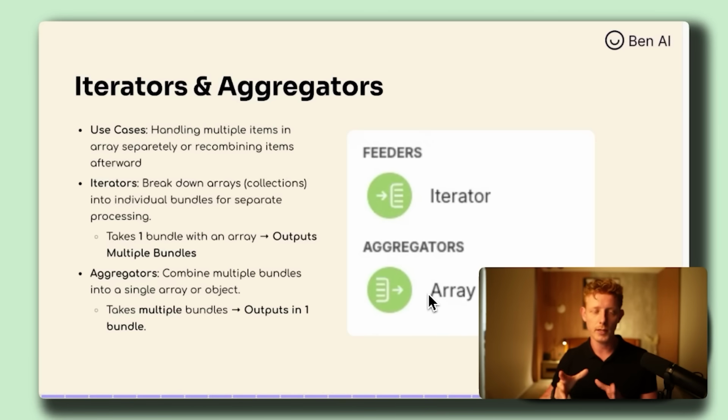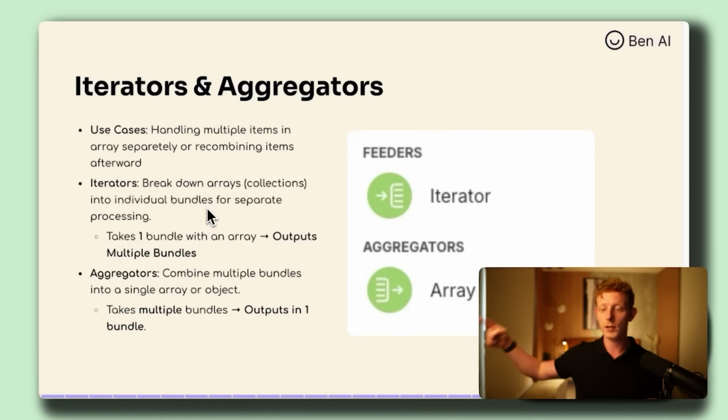So it's really important to understand bundles. Basically, what iterators do is take one bundle with an array and output it into multiple bundles. That's all an iterator does. So it takes one bundle, let's say with a list of values, and outputs it into multiple bundles so that the next module is going to process each of the values separately.